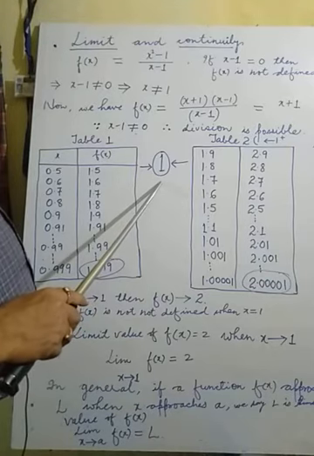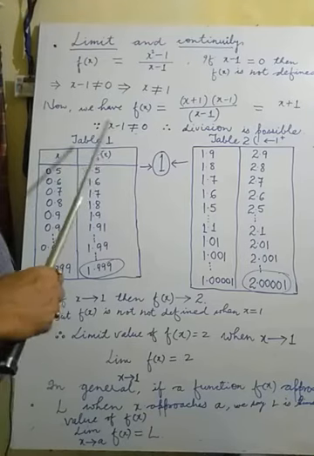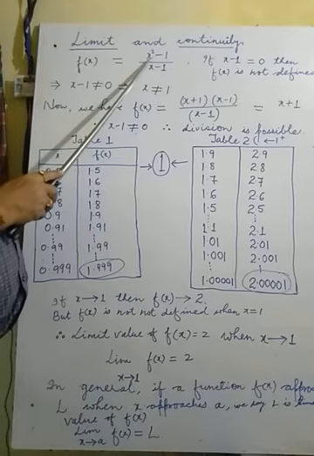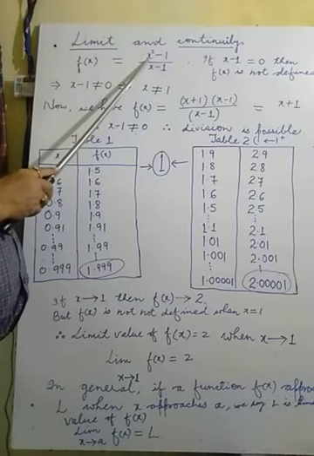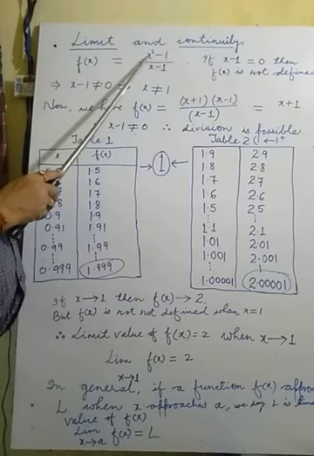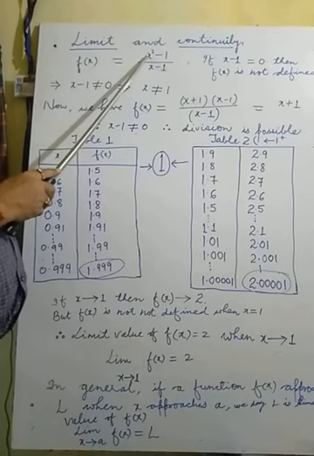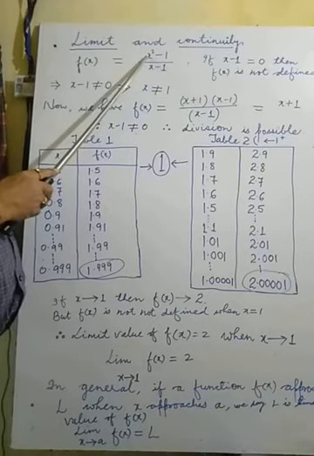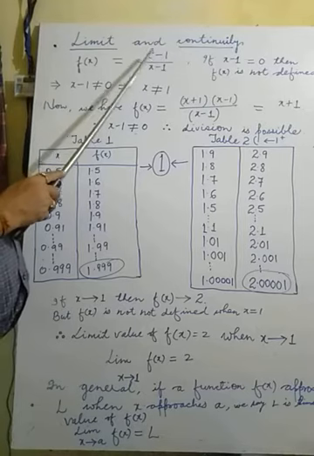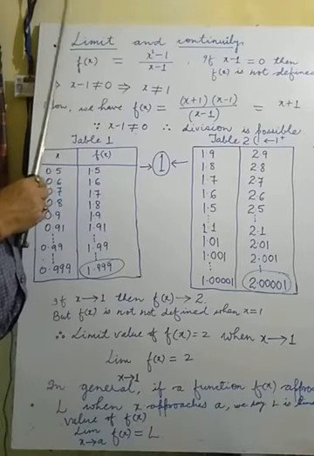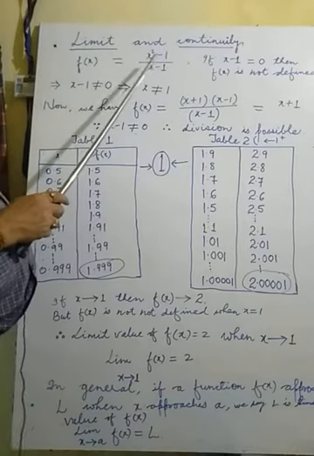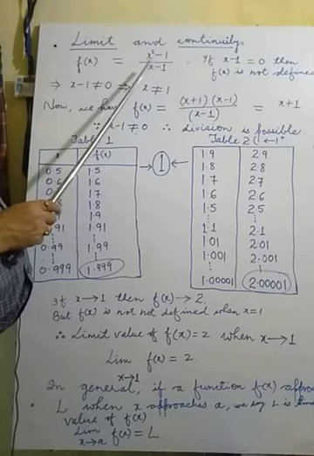To see what happens, suppose the numerator is factorized: this is the complete square of x, and this is the complete square of 1. Now this is in the form a square minus b square, which can be factorized as a plus b in one bracket and a minus b in the second bracket.